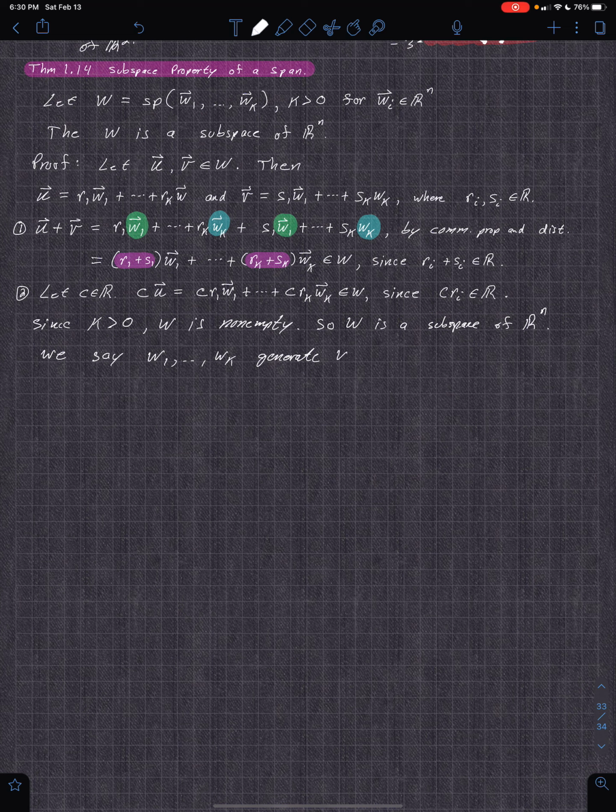So they generate W, or the subspace W. So it's span. So in other words, W1 through WK, in this case by definition, span W. So the question sometimes comes up, what vectors do you need to span the set or generate the subspace?